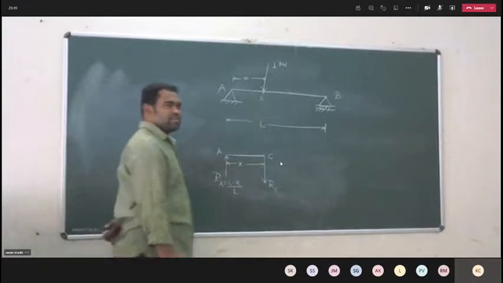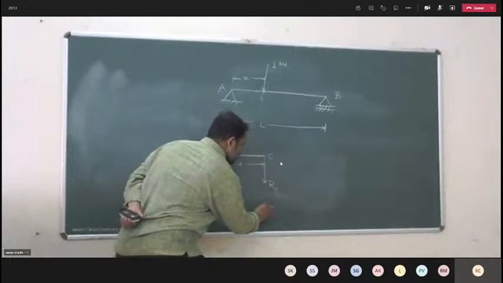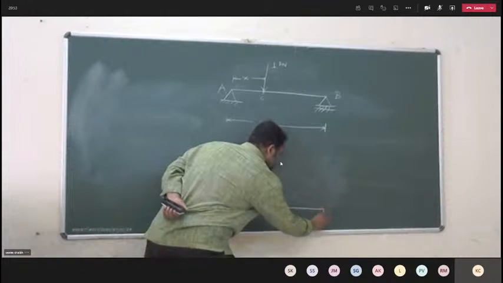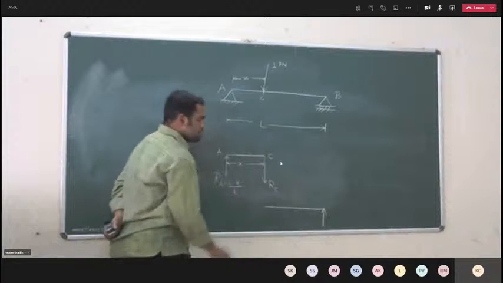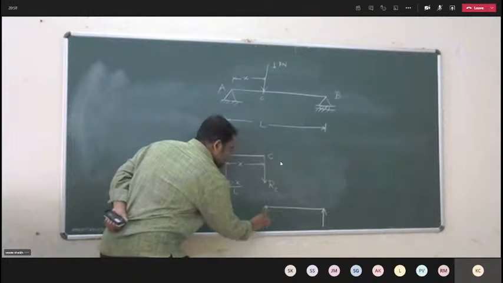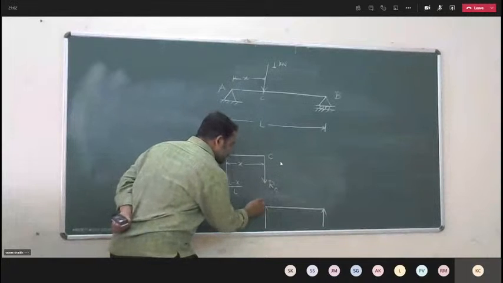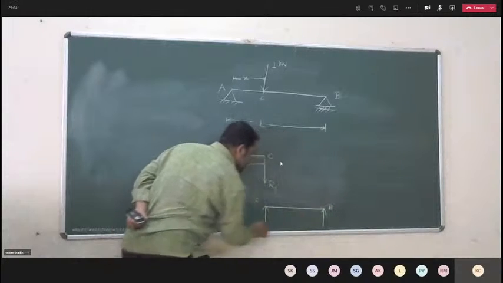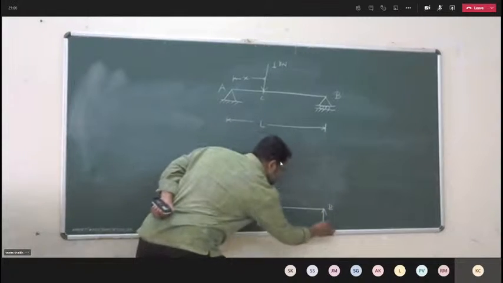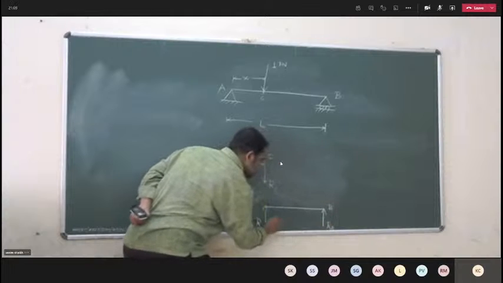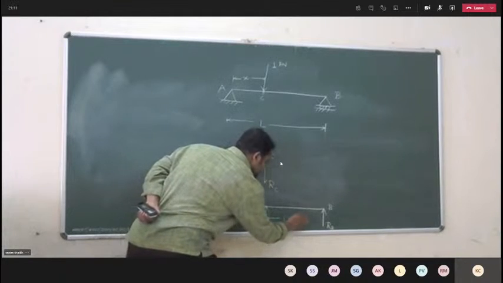The next is, I have to consider the remaining portion. For AC, RC is downward. For CB, it is upward. This span is L minus x.